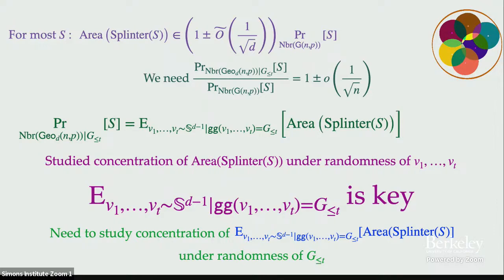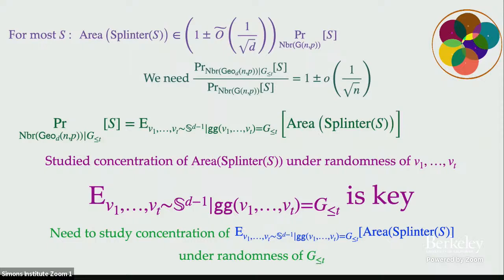You have to have a certain relationship between the first T vertices, and that makes this probability more concentrated, because the shapes are roughly structured, rigid. You cannot change them too much. So the key thing is really to study this conditional distribution instead of the unconditioned distribution.